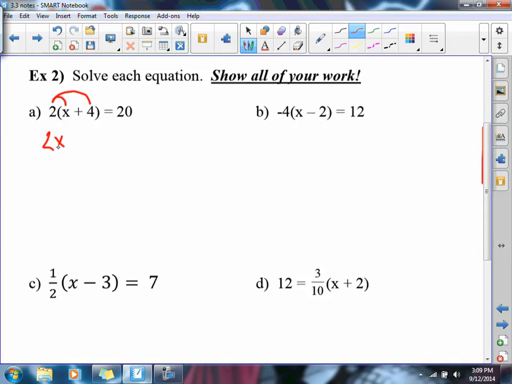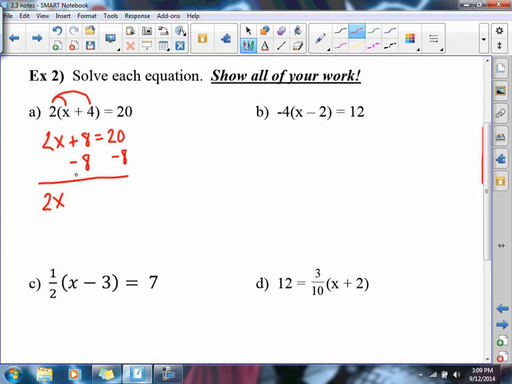So I actually have 2x plus 8 equals 20. Now I've done that new first step, and I can continue with my other 2 steps that we were practicing in the previous example. So I'm going to undo my addition or subtraction next. I have adding 8, so I'm going to do that by subtracting 8.